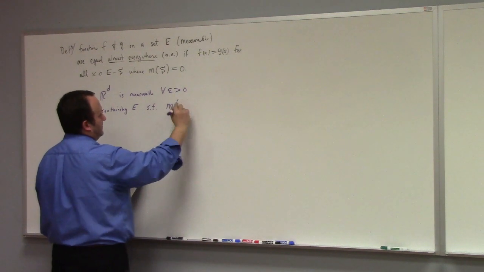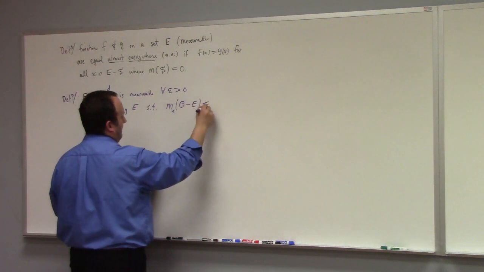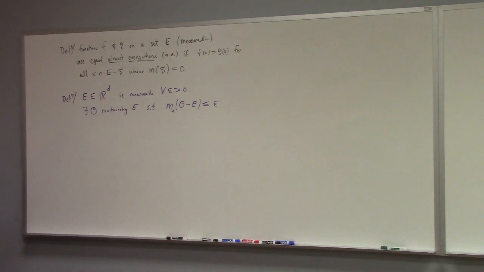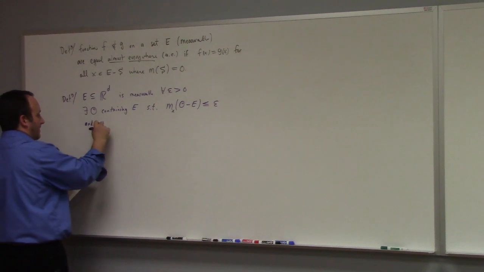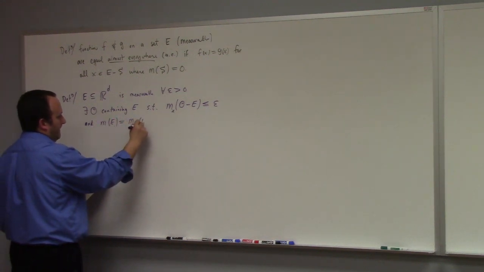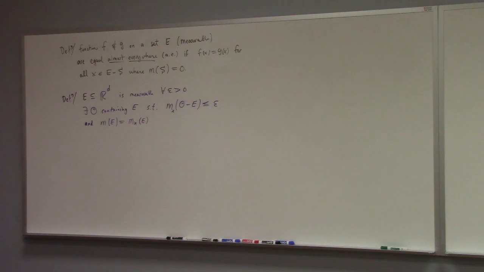And in that case, we say that the measure, well, okay, right. And how do we define exterior measure? By looking at unions or intersections of cubes as appropriate, right?